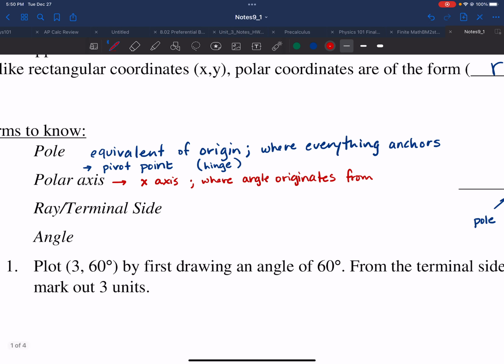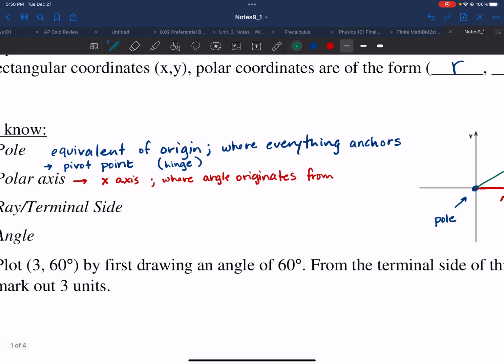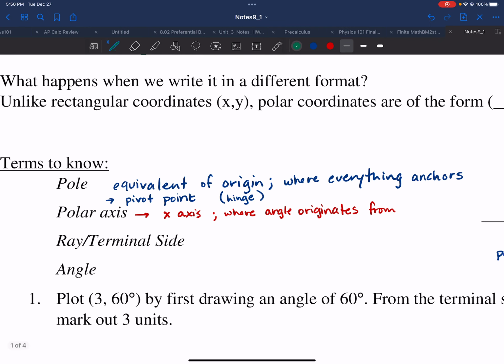And then your ray or your terminal side, I'm going to go ahead and put this in green. This is going to be your ray or terminal side. And this is where the angle stops. And you can think about this as the hypotenuse.